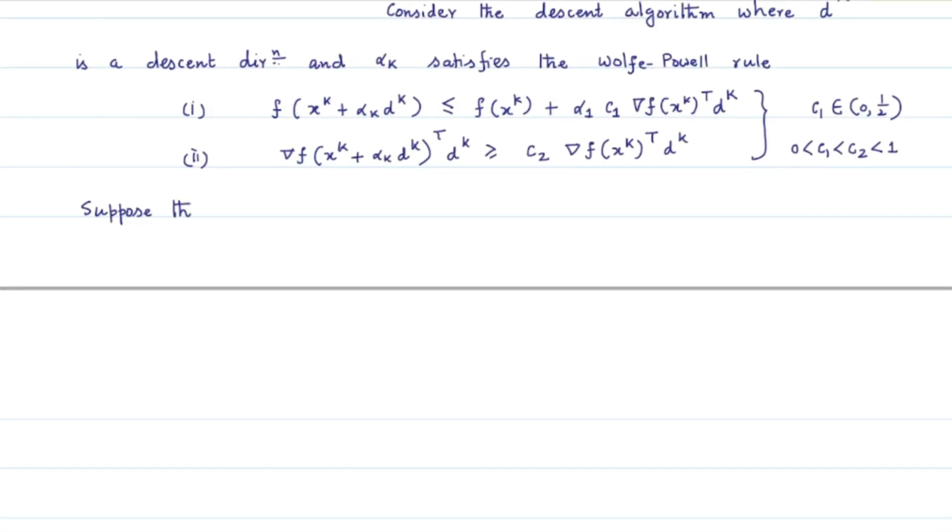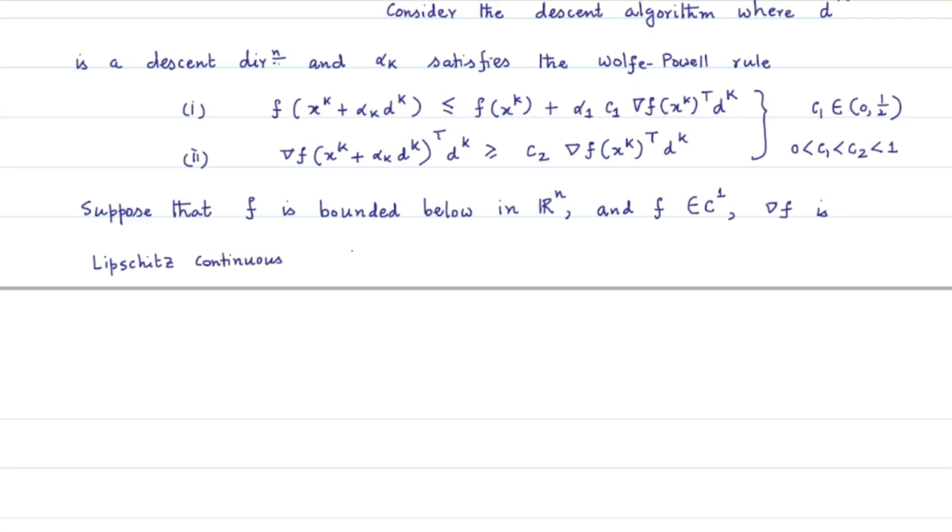Next, we suppose that the objective function f is bounded below in the n-dimensional Euclidean space Rn, and the function f is continuously differentiable in the entire space. Together with this, we assume that grad f is Lipschitz continuous inside the initial level set L0.